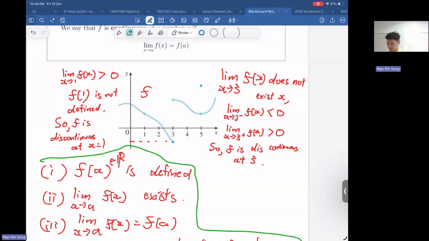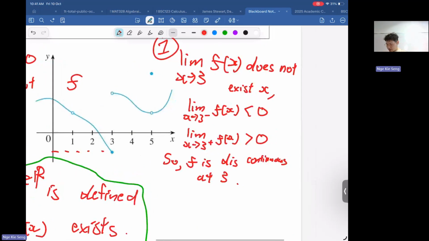So this is number 1, this is number 2. Let's look at number 3. Does the limit as x goes to 5 exist or not? Left limit, right limit, do they match up? Yes, so the limit exists.